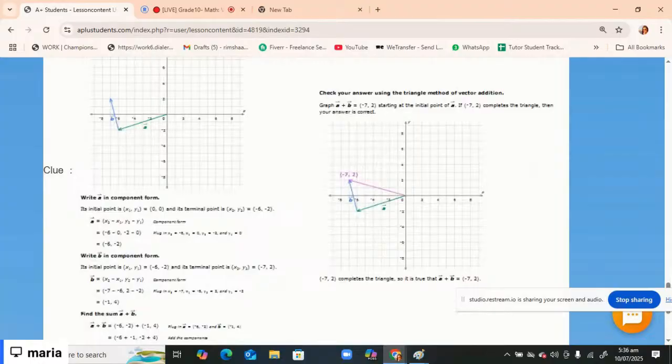So here are the points. The first point is (0, 0), the other point is (-6, -2). Then we're just going to subtract x2 minus x1, y2 minus y1. Okay, let's take this figure and then just find it out.